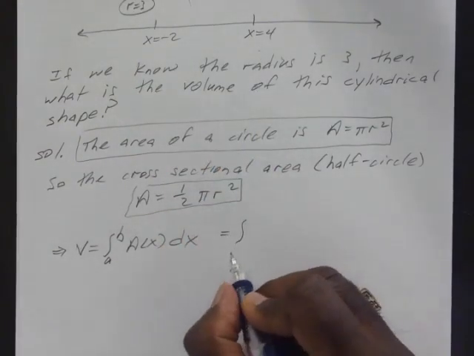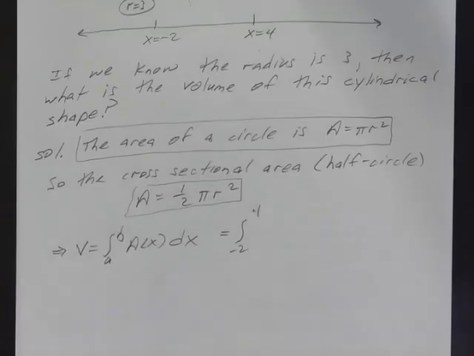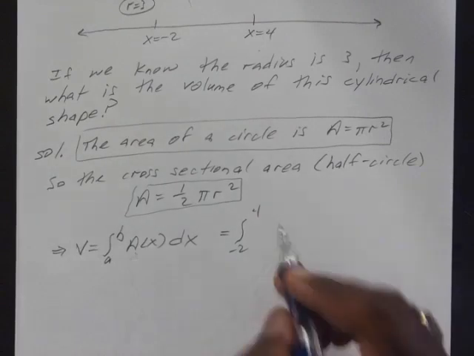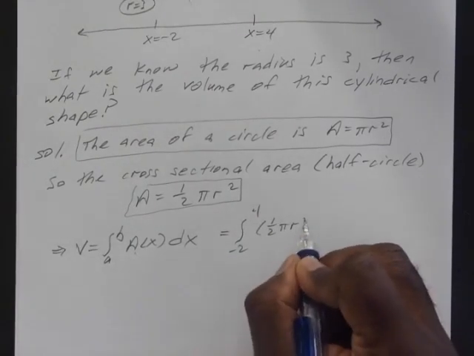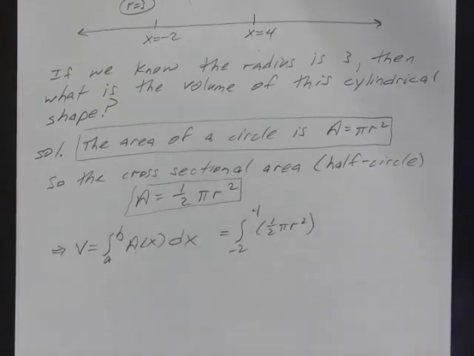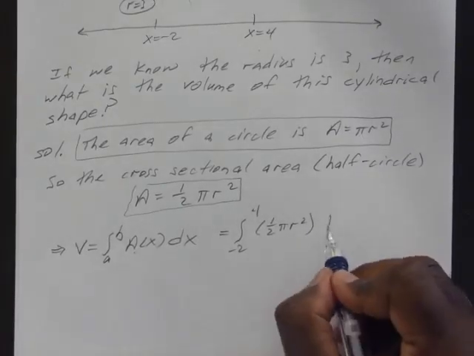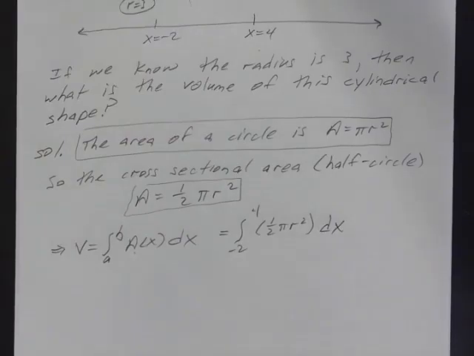So that's the integral from -2 to 4 of our cross-sectional area, which is 1/2 pi radius squared with respect to x.